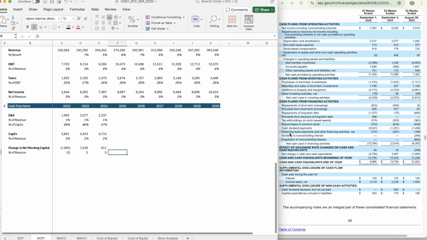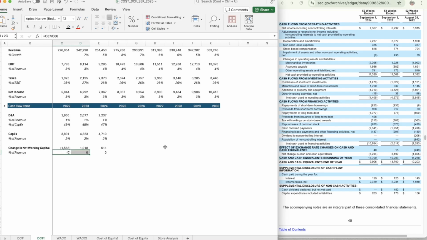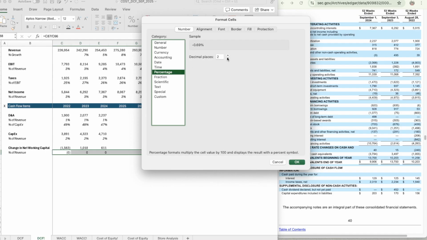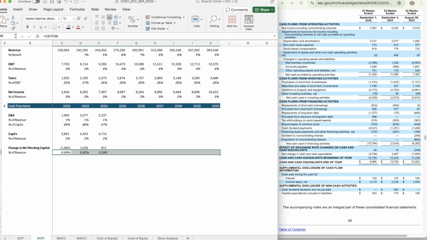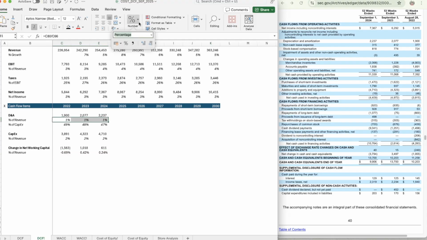It's fine. Percentage, yeah, we want to. There we go. And with these, we'll add in a bit more just so that we have more visibility on it.